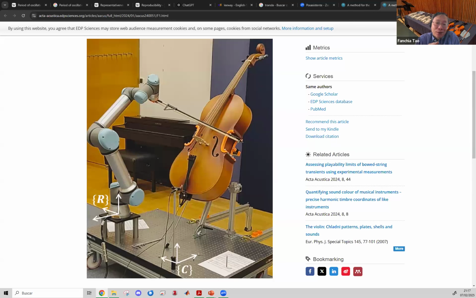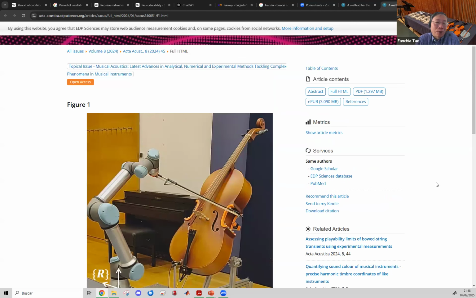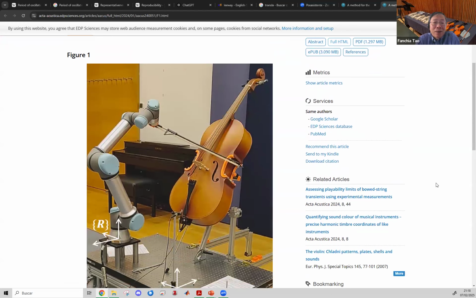One of the things Claudia points out is that this robot can control position, and then even questions about to what precision and accuracy and repeatability you can control position. But the main thing is that it doesn't have any easy means of controlling force, and that's critical for actual bowing.